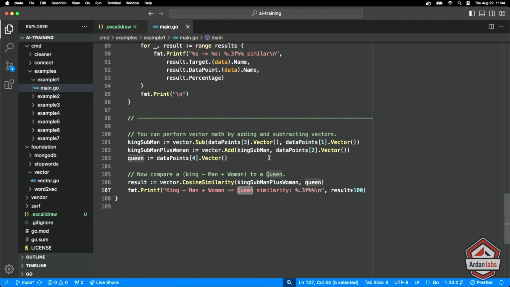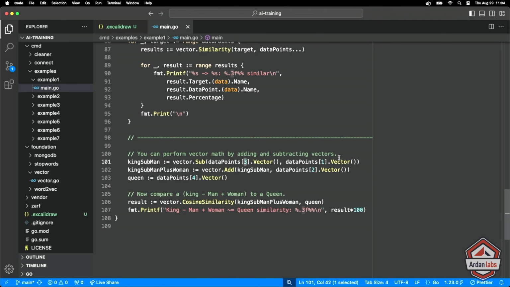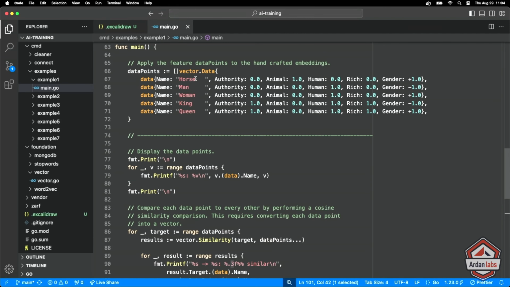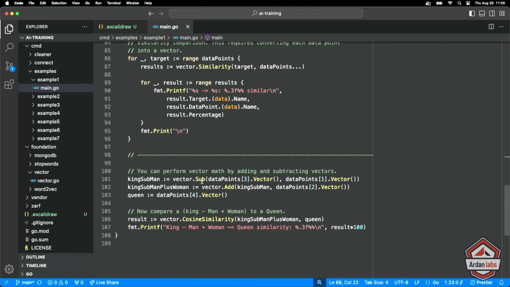So what are we going to do then? Data point 3 is here, data point 1, assuming 0, 1, 2, 3. So man and king. Man is 1, king is 3. So I'm saying subtract man from king. We get king sub man. And then I say take the king minus the man and add the woman vector to that.